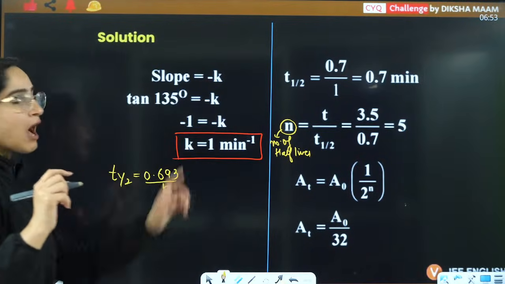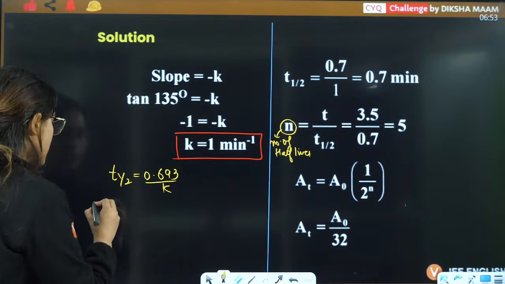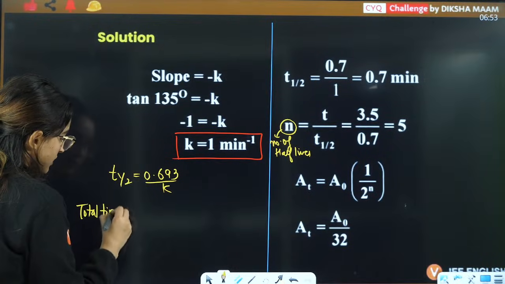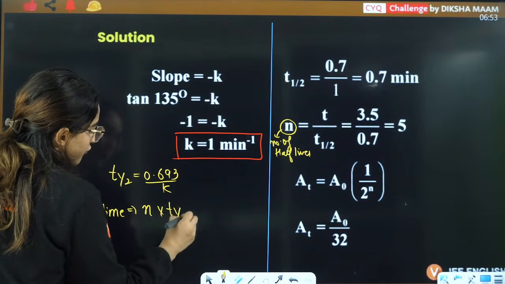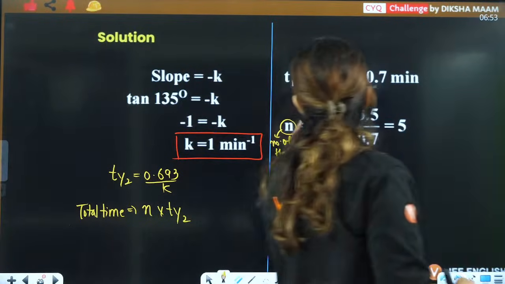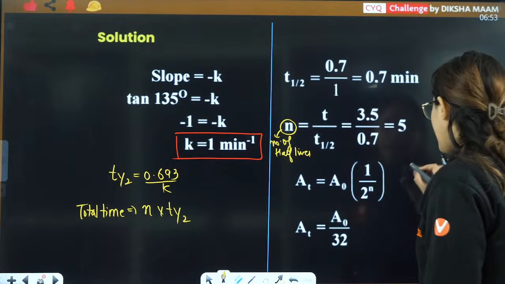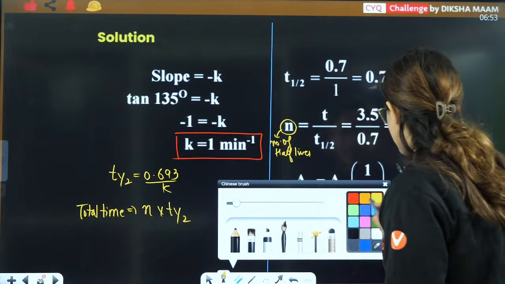So the number of half lives is total time by T half, right? So you can say total time is equal to the number of half lives into T half. So you can calculate the number of half lives here, and also remember that this particular thing is quite famous here.